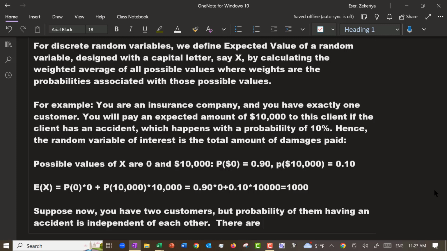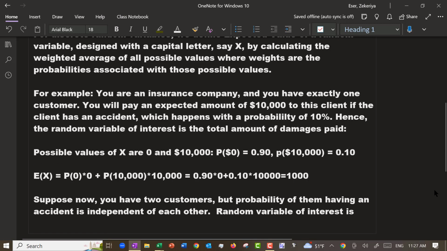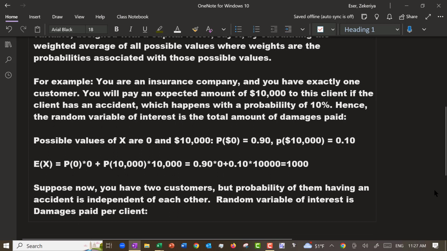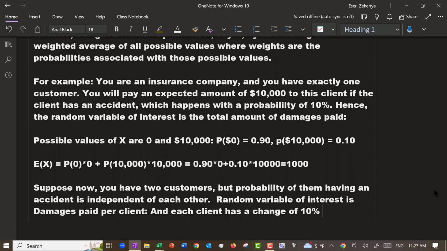There are now three possible outcomes. Or let's redefine the random variable of interest. Variable of interest is damages paid per client, and each client has a chance of 10% for an accident, independent of each other.